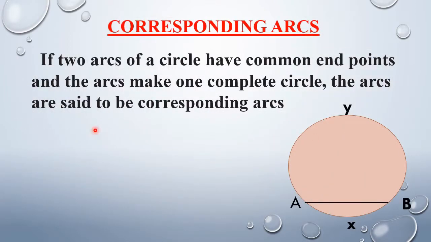Now, the next topic is corresponding arcs. If two arcs of a circle have common end points and the arcs make one complete circle, the arcs are said to be corresponding arcs.